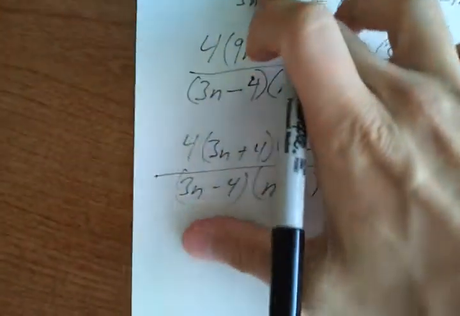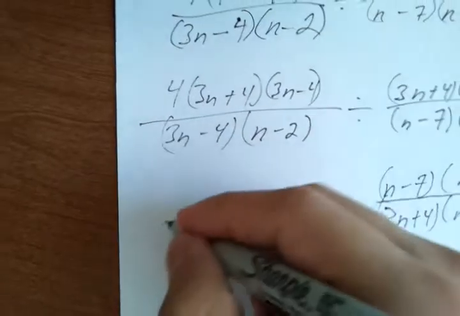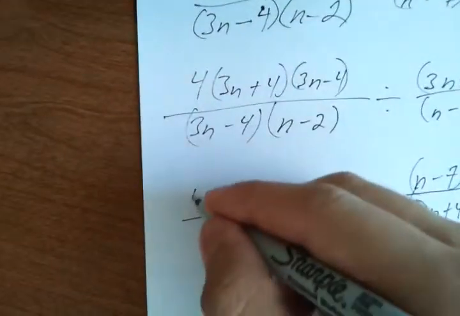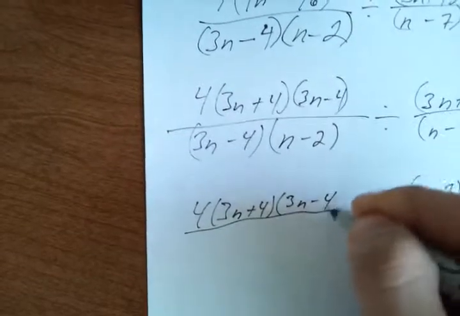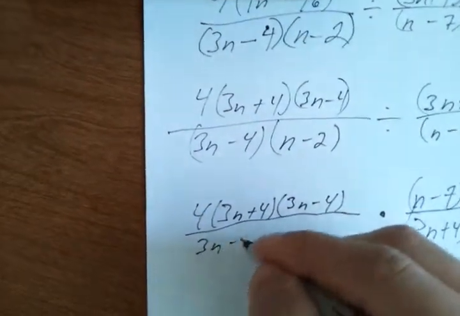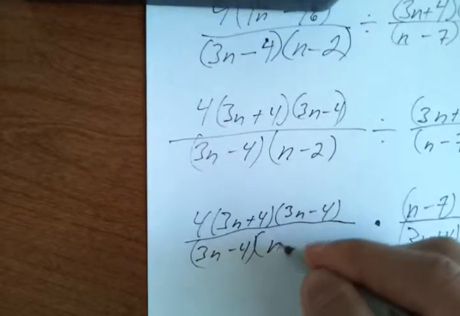And our first rational expression doesn't change at all. It still is going to remain 4 times 3n plus 4 times 3n minus 4, all over 3n minus 4 times n minus 2.